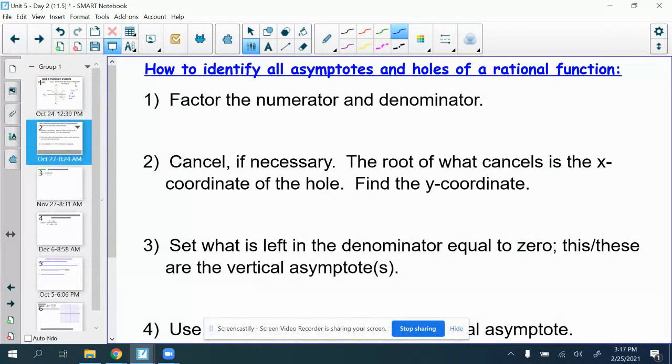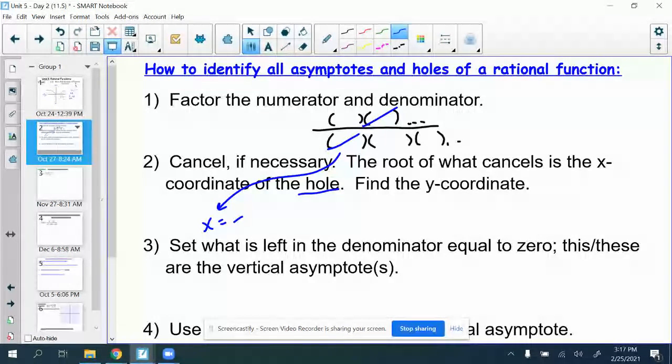To find the short run behavior, we're going to try to factor the numerator and denominator. You can have as many factors as you can. If we can simplify or cancel one out, whatever that x value is gives me the x coordinate of the hole, and whatever's left over, if I plug x into the leftover part, will give me the y coordinate of the hole.